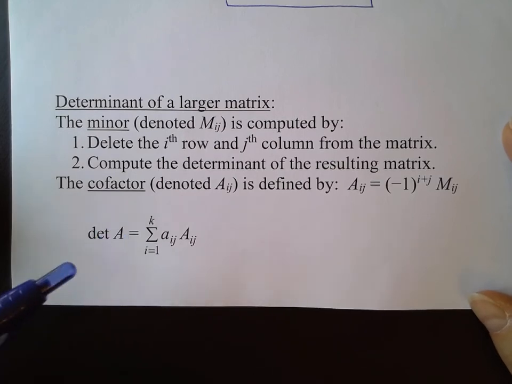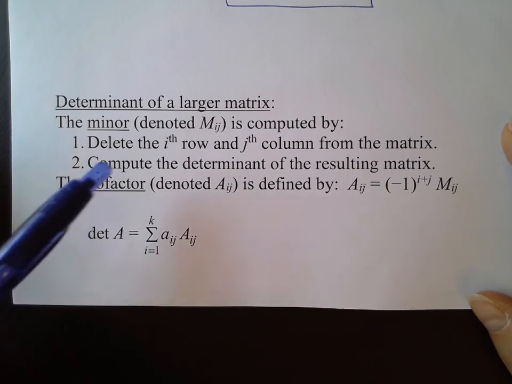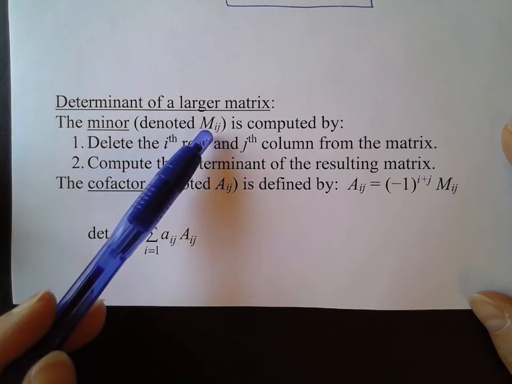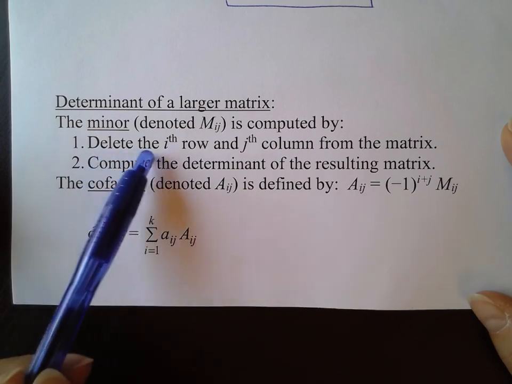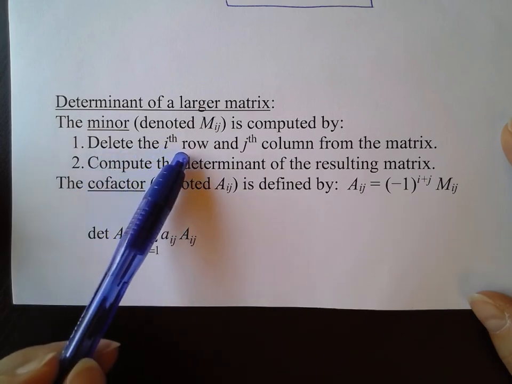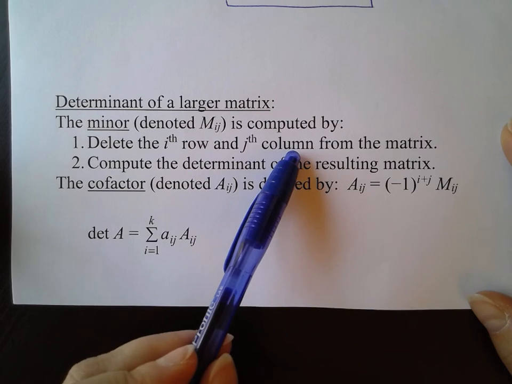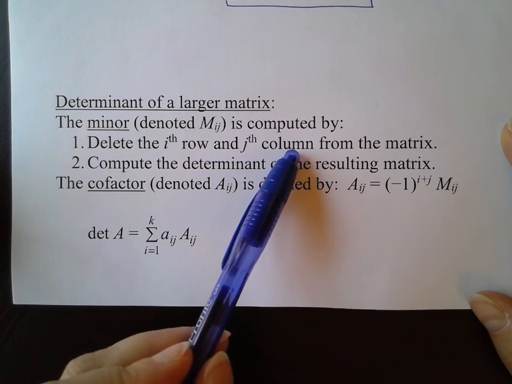We won't always use this notation so much for us. We're just trying to be able to find the determinant. But it's good to start thinking about how to represent this process with some notation or with a way to write it or describe it. And that's kind of what this is. So a minor is where I delete row I and column J, and then I find the determinant.